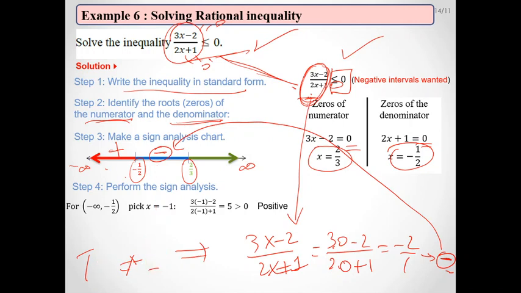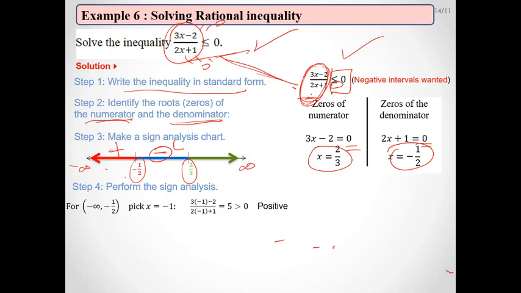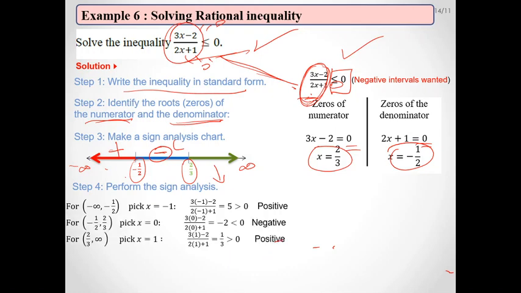We have one more thing to do. We have to do the same thing for the last interval. We have to choose a number. You can pick 1 here, since 1 is bigger than 2/3. Put it inside here and you get 1 over 3, which is positive.